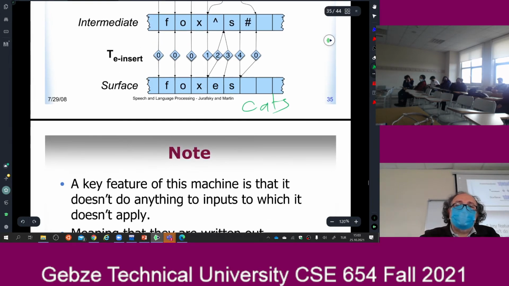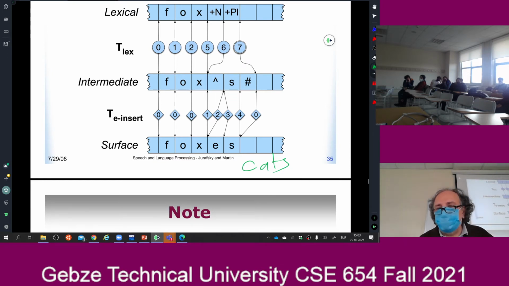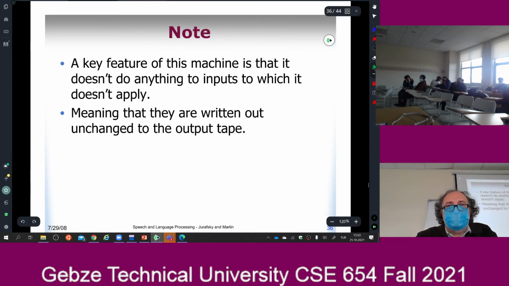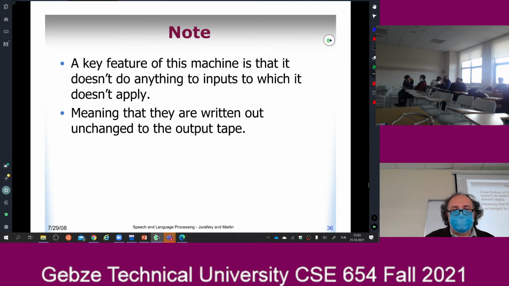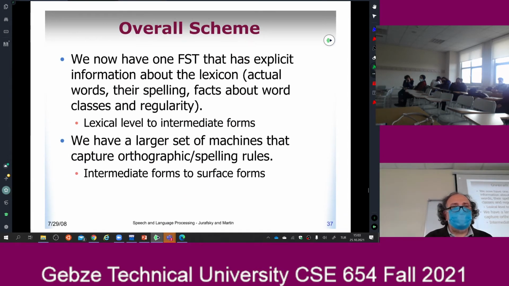If two transducers are applicable at the same time, that means there is an ambiguity, which is the case that we already know. Meaning that they are written out unchanged to the output tape, and that's good. So overall, we now have one finite state transducer. That's explicit information about the lexicon, that is, the actual words.